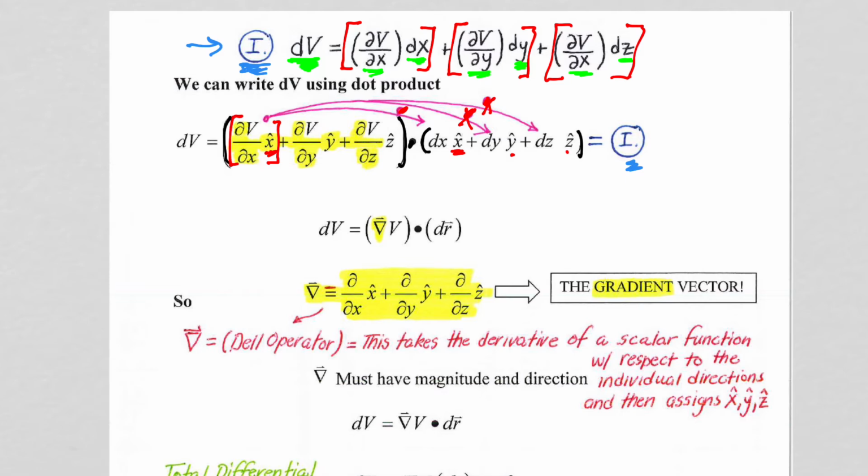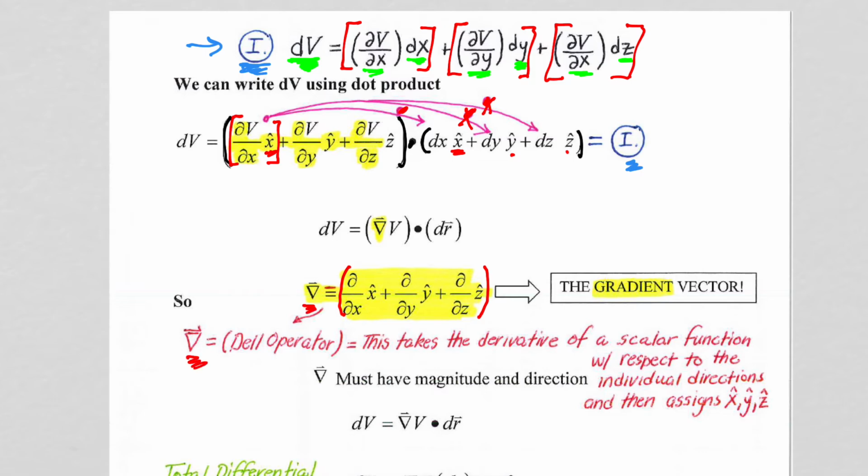Okay. All the mathematicians have done to introduce what is called the gradient operator or del operator is to let this bracketed term equal this symbol, which they call the del operator.